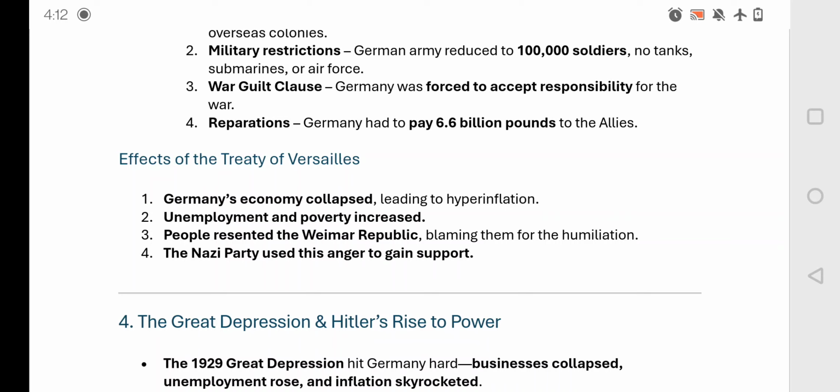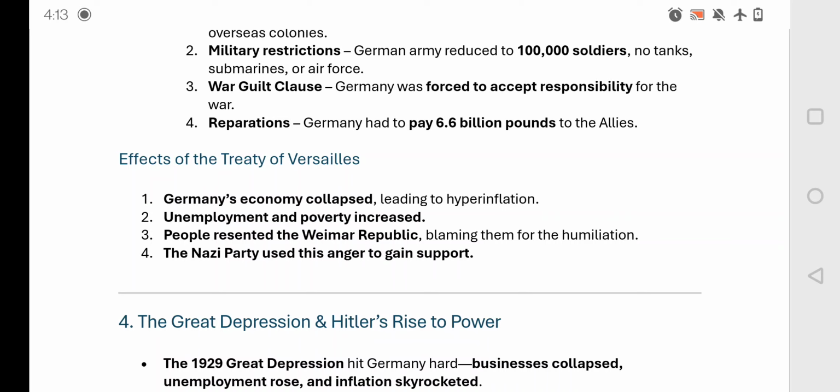The value of the mark, which was the currency of Germany at that time, was reduced to such a low point that if anybody wanted to purchase a packet of bread, they had to carry a sack of their currency, and then they would get one packet of bread. So you understand how much inflation there was. Inflation means when the money's value degrades. So it happened at that time.